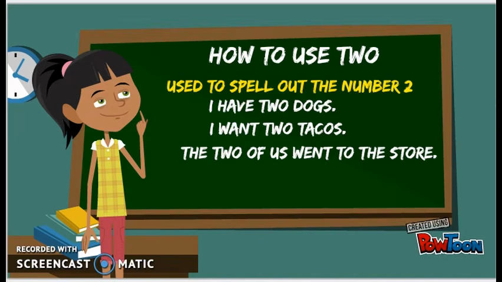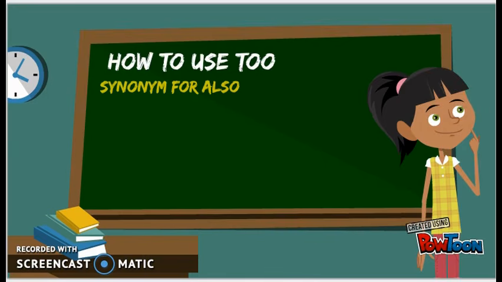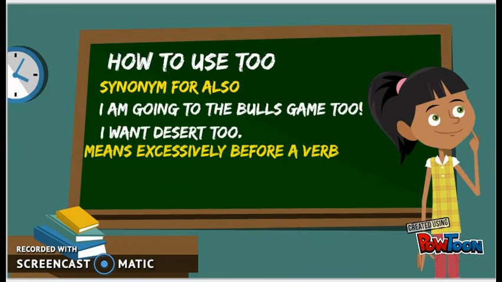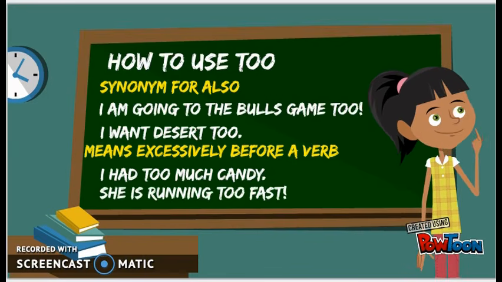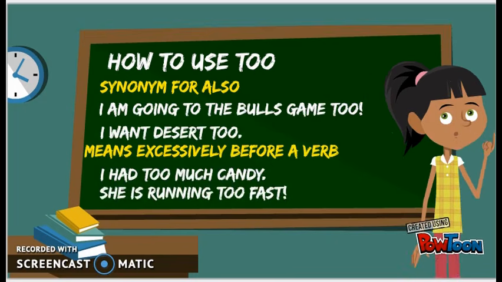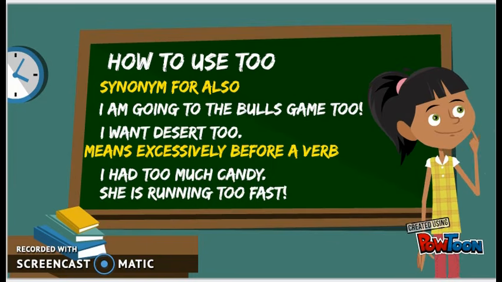And the last one we're going to learn about is TOO. So let's see what TOO is and how it is used correctly. TOO is a synonym for also. So an easy way to figure out if you need TOO versus TO is replacing the word in the sentence with also.